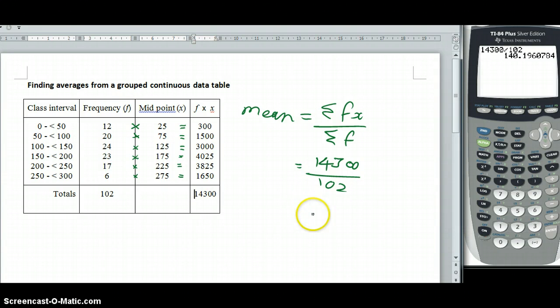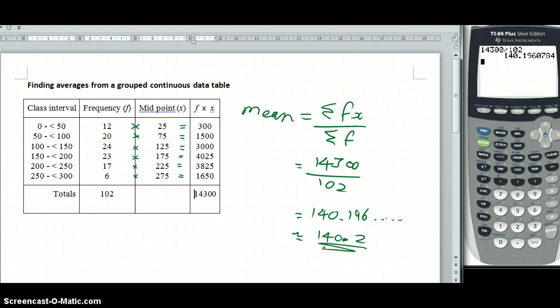Okay, hold on. We've got an answer of 140.196 and so on, which is approximately 140.2. So the mean score is 140.2.